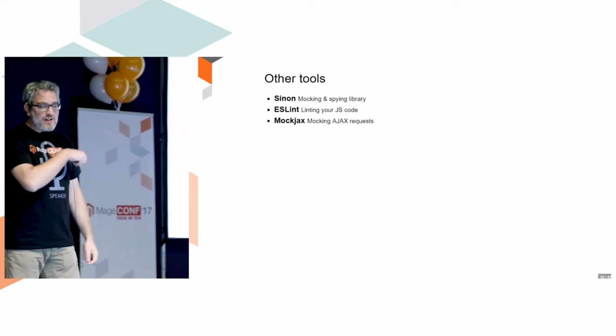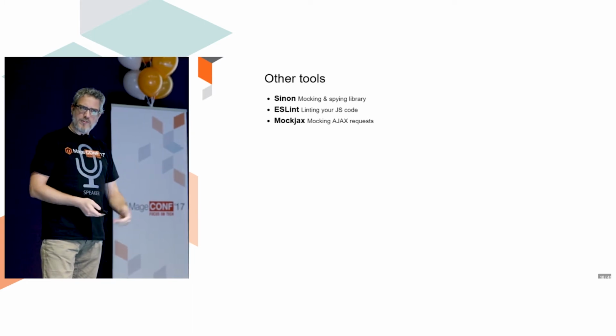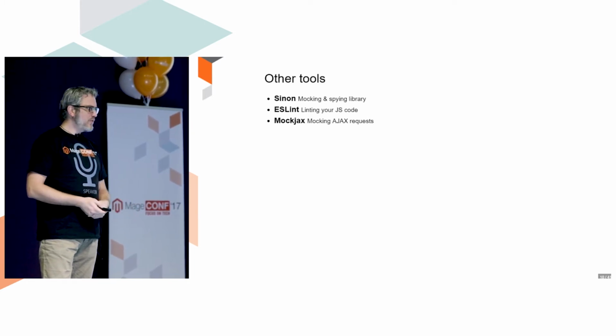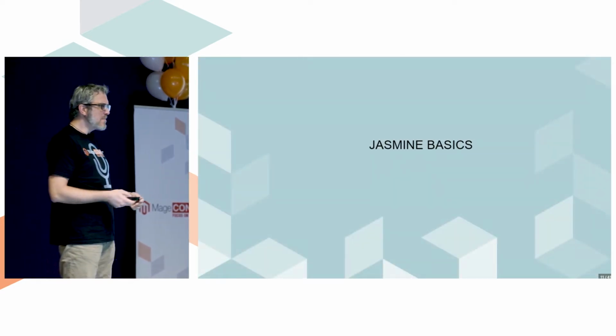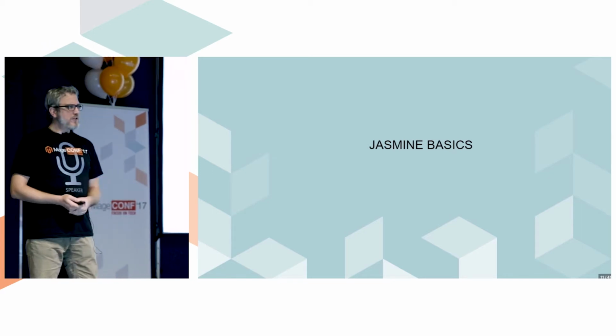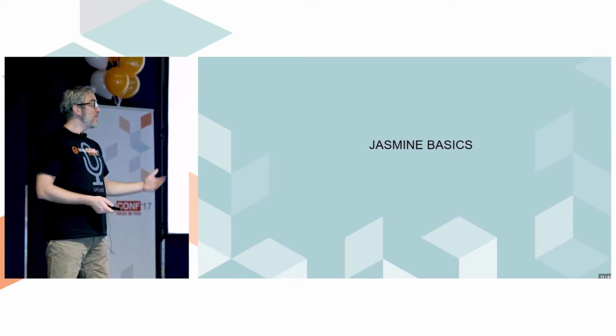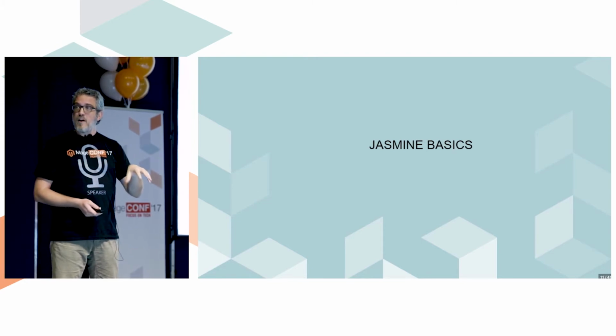So Sinon, ESLint, MochaJS, they're just a bunch of tools that you can again incorporate in your own tests to do that testing for you. But that's not really the point. I'm going to make the point actually by using a couple of examples. For instance, using Jasmine, because it's the tool that is incorporated in the Magento framework itself.